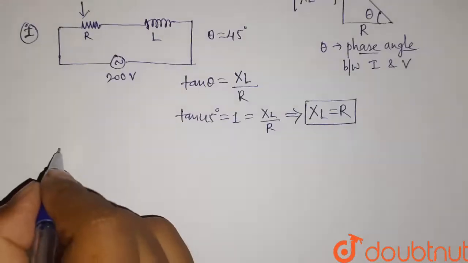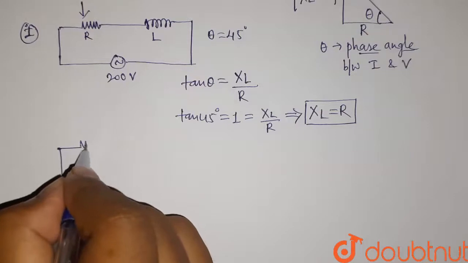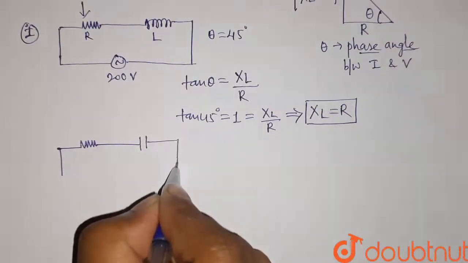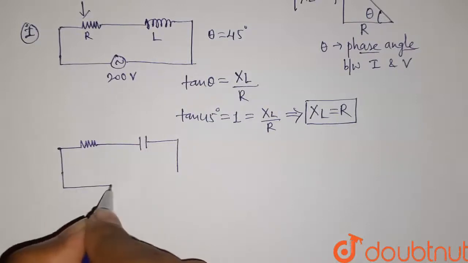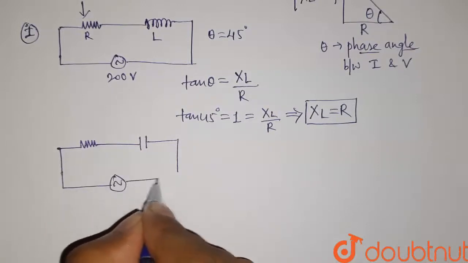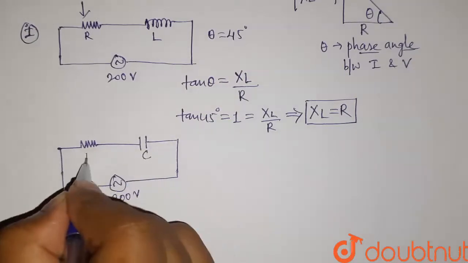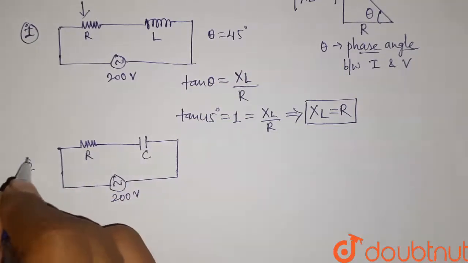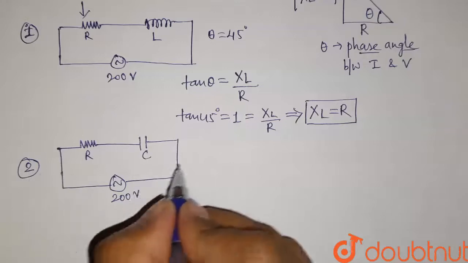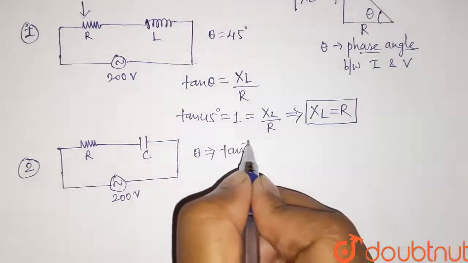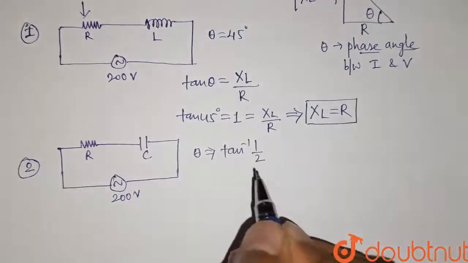Now in the second case, it is given that we have removed the inductor and everything will remain the same. It is 200 volt, it is C and it is R. For the second case, the phase angle given is tan inverse 1 by 2.